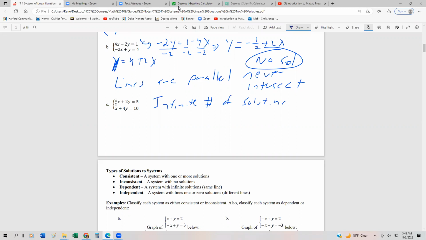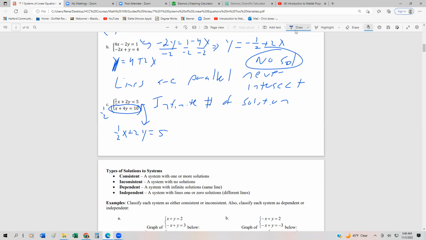That's because the two lines are actually the same line if we algebraically manipulate them. If I multiply this entire equation by a half, it becomes 1/2 x, half of 4 is 2, and half of 10 is 5. And that's the exact same line.